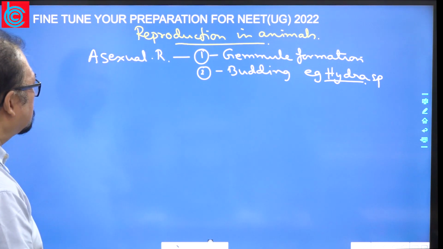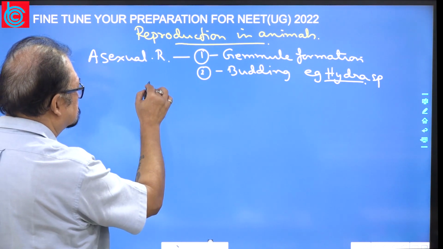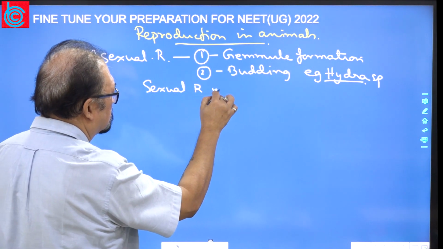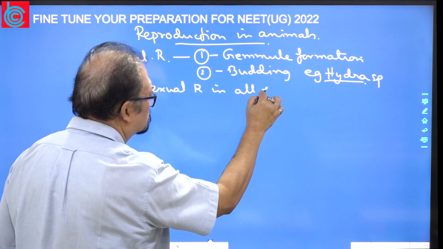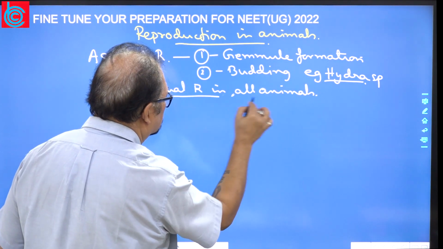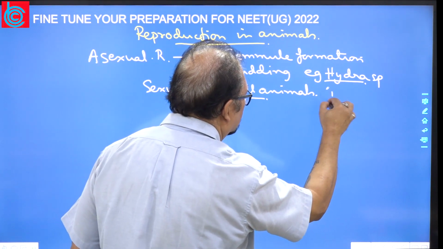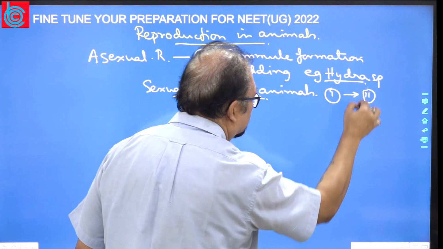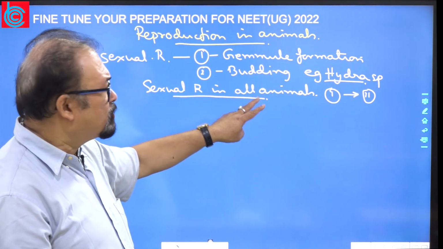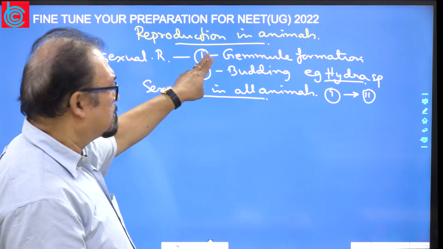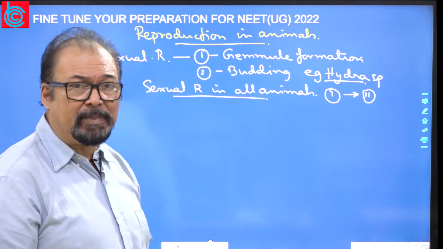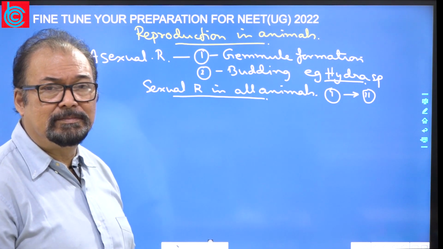So sexual reproduction in all animals. But asexual reproduction is present along with the sexual reproduction only in the porifera, sponges, and in the Cnidaria, budding, that is in the Hydra.